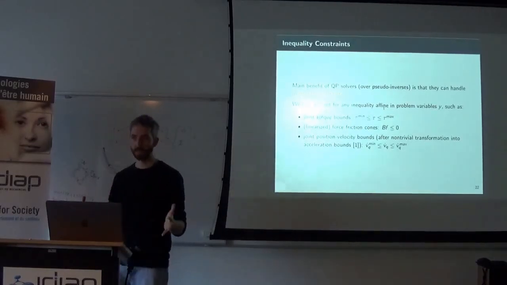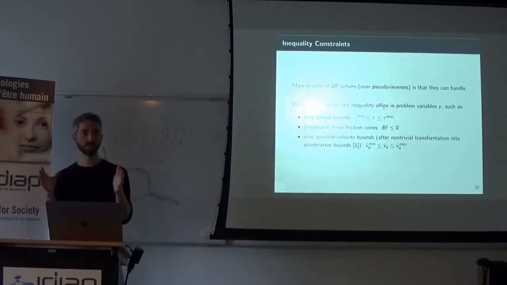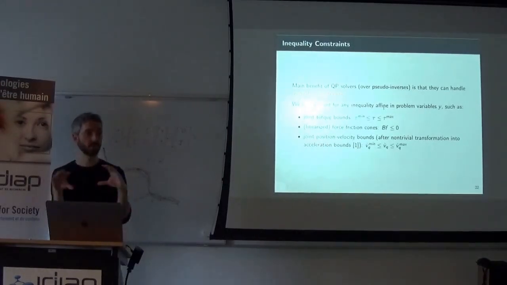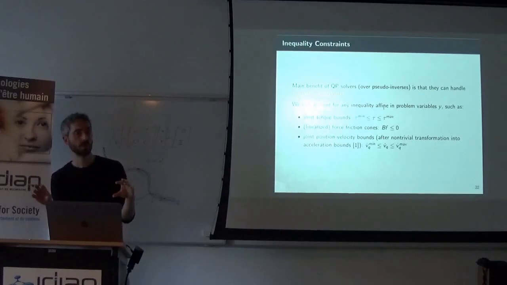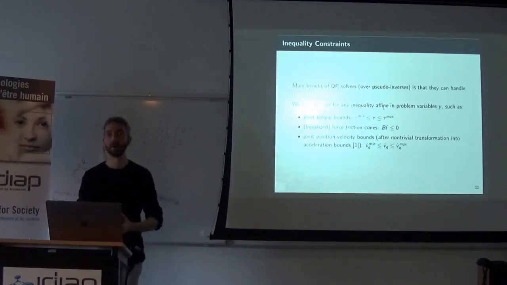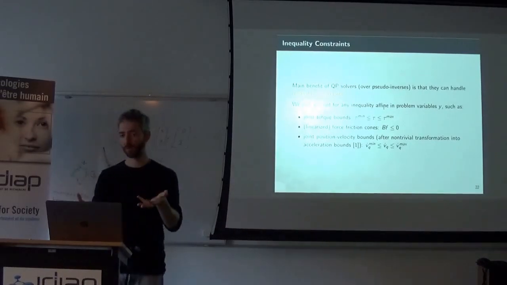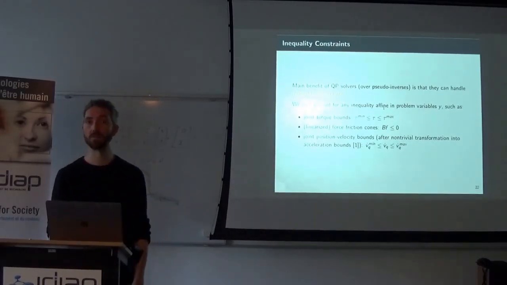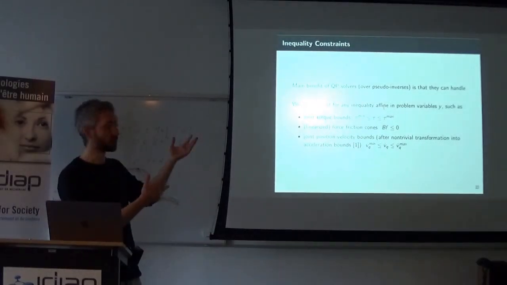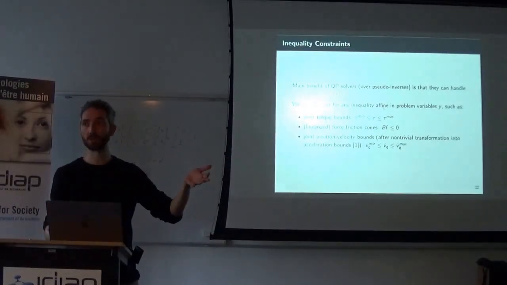So in the end you get a least square program with both equality constraints, which are the dynamics of the system, and inequality constraints, which represent the physical bounds you have on the system. And all of these are taken into account when choosing the control inputs, the joint torques.